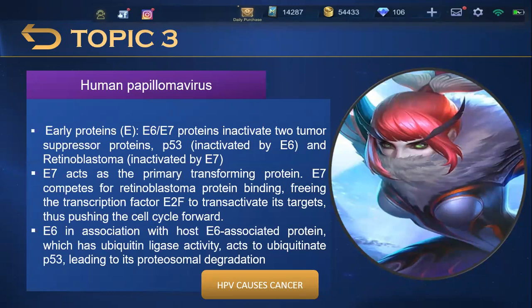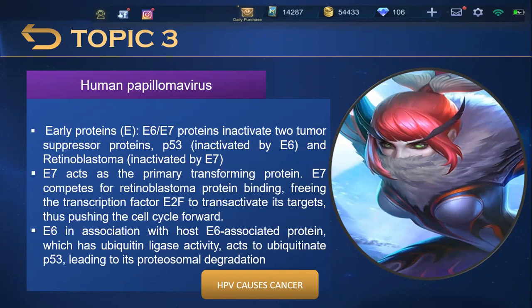So, how does HPV cause cancer? The early proteins E6 and E7 inactivate two tumor suppressor proteins: p53 is inactivated by E6, and the retinoblastoma protein is inactivated by E7. E7 acts as a primary transforming protein.